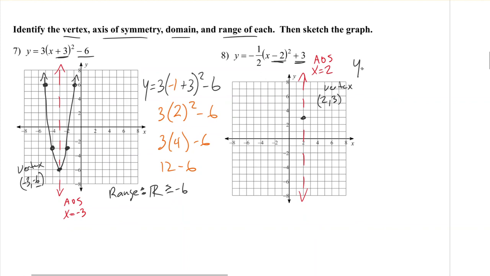So y equals -1/2 times x minus 2 squared plus 3.